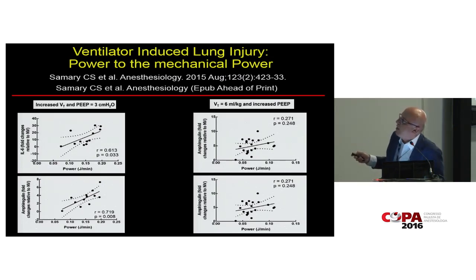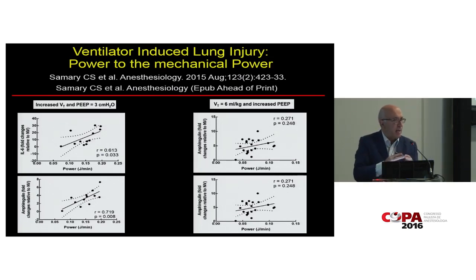Sorry, this is not amphiregulin, it's again interleukin-6, my mistake, but there was no correlation of amphiregulin and interleukin-6 with the amount of power when we look at the changes in PEEP. So the most important targets here were tidal volume and respiratory rate, and not the static strain, in this particular study.